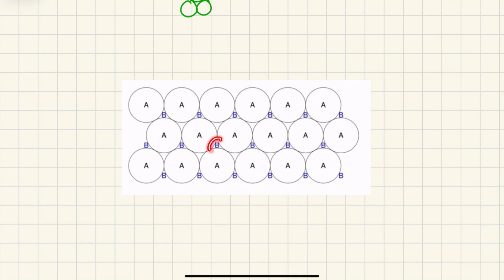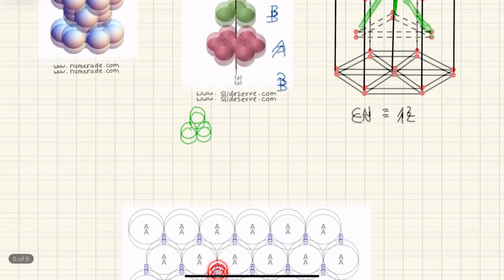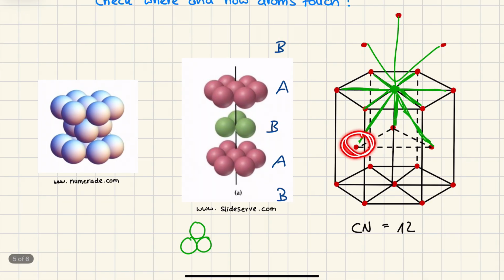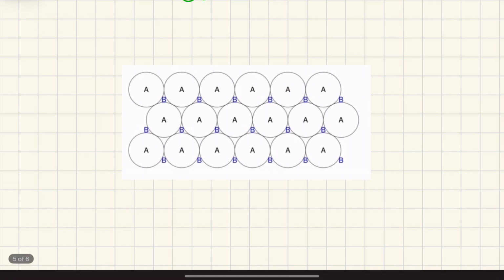Now, if we picked a B atom, for example this one, which corresponds to this in the unit cell, we can see that it too has 6 nearest neighbors in its own layer, and it also touches the 3 As above and below.